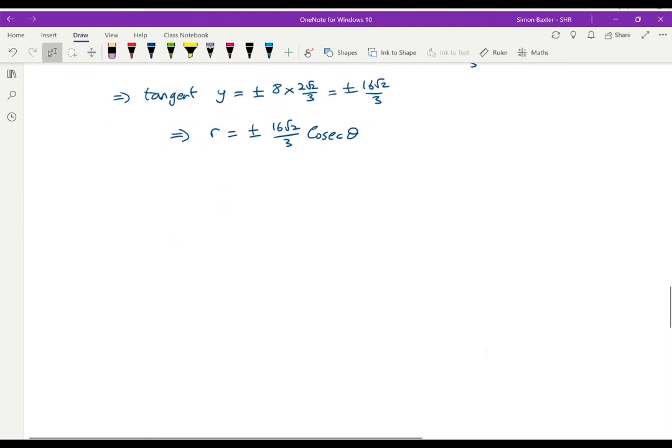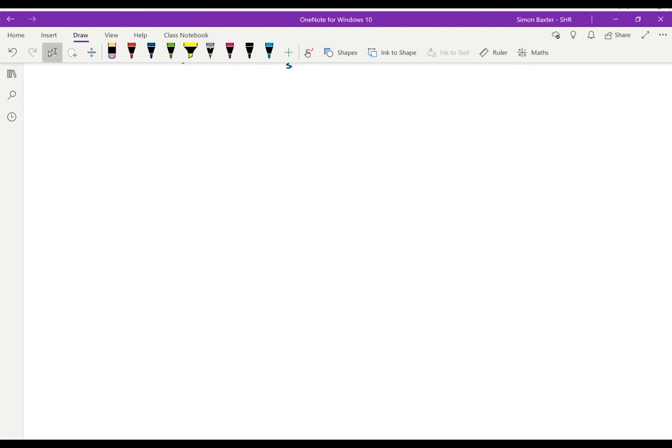Now for the tangents which are perpendicular to the initial line, we shall need x is r cos theta. R is 7 plus 3 cos theta.